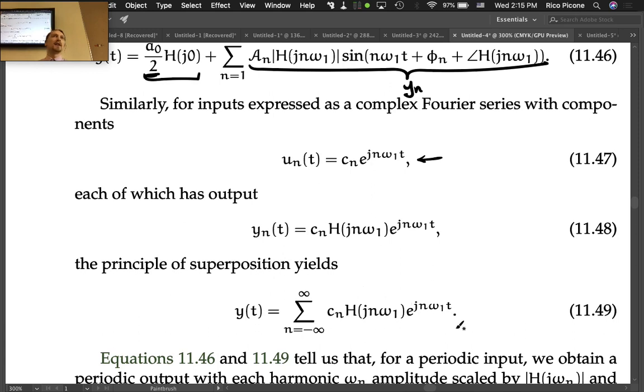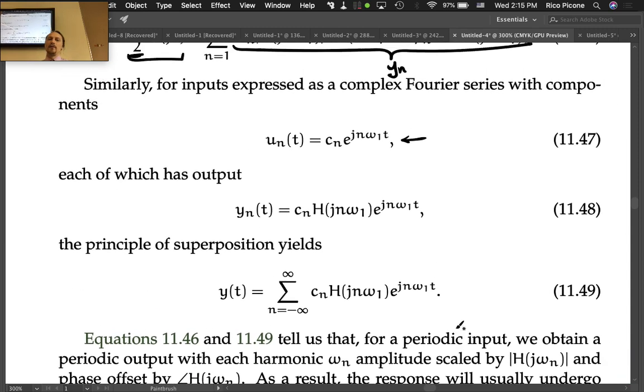Pretty nice mathematically to do it in this complex form, but conceptually the trigonometric form is the one that tends to be the one that we can hold on to a little bit better because it's very clearly sinusoidal. You can see those sine cosine terms show up in there.